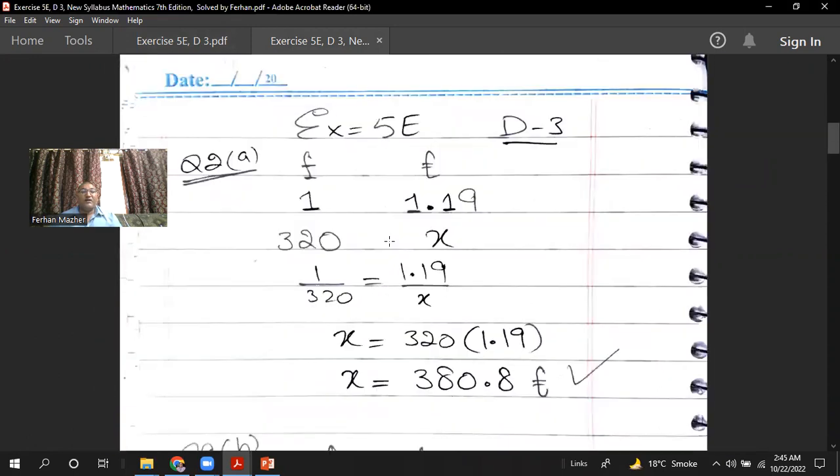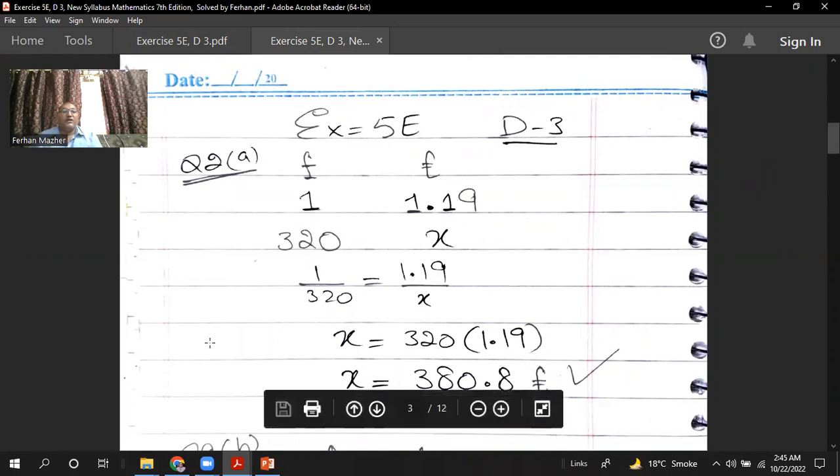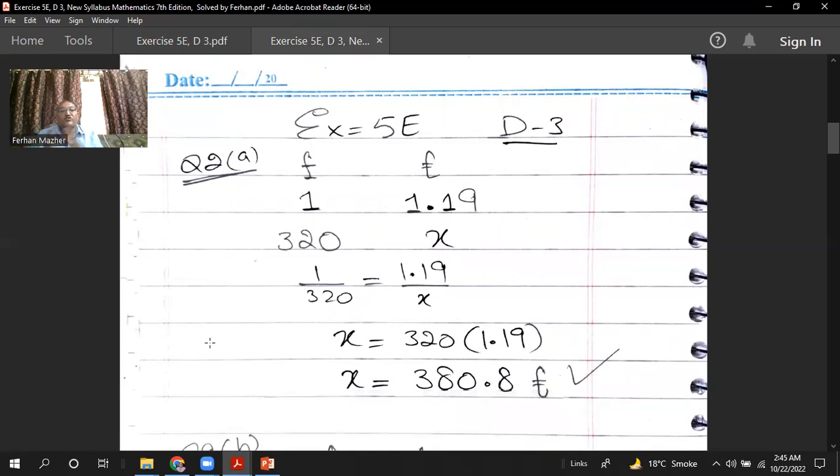Question number 2, A part is showing up on your screen. Sterling pound is equal to 1.19 euro. So 320 pounds will be how many euros?